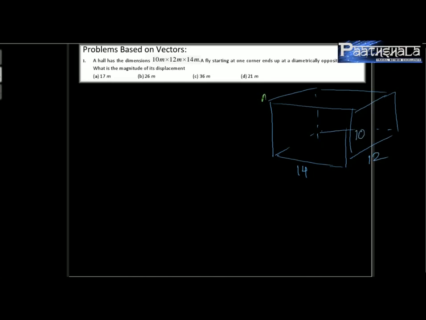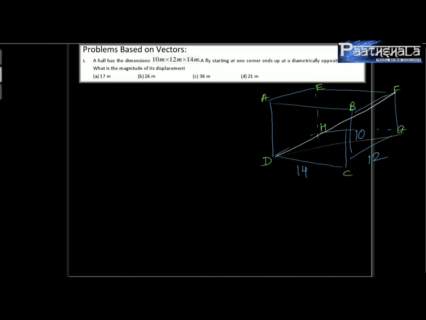Let me label the hall as well: A, B, C, D, E, F, G and H. A fly flies from D to F in the hall.